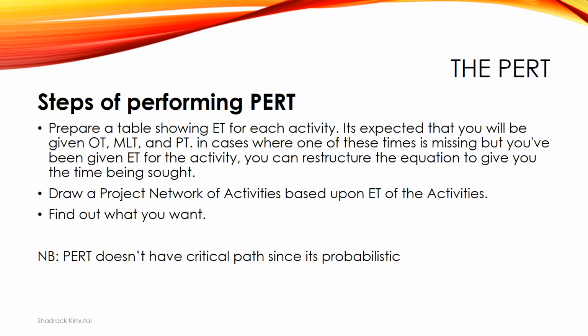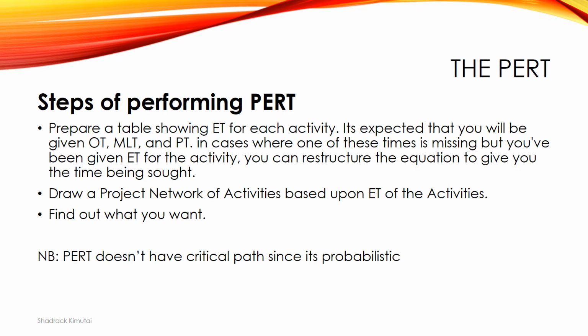After that, you can find out what you want. For instance, you can find out the path that will most likely take the longest. You may also find out the activities which are crucial, or the ones which may be parallel, and so on and so forth.